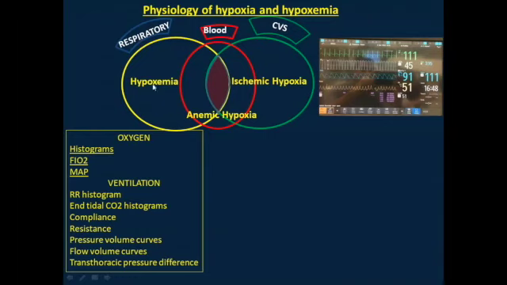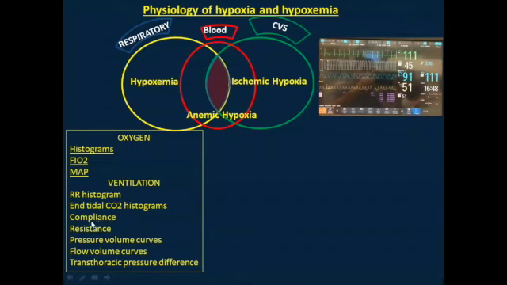To assess the respiratory system, we need an idea about oxygen histograms, FiO2, mean airway pressure, and ventilation-related monitoring parameters like respiratory rate histogram, and the tidal CO2 as histogram as well, over a period of time, 24 hours or 8 hours or whatever time that you think that the infant started to be unstable.